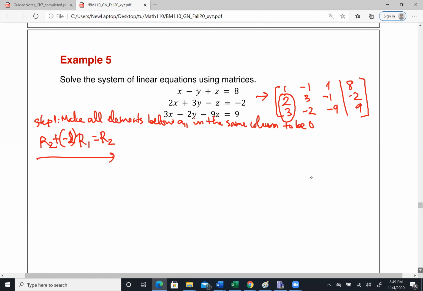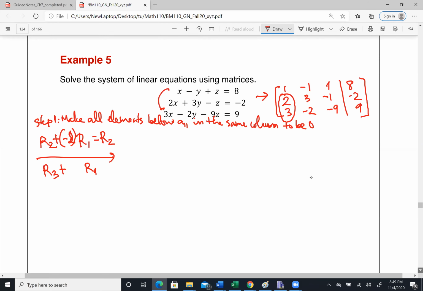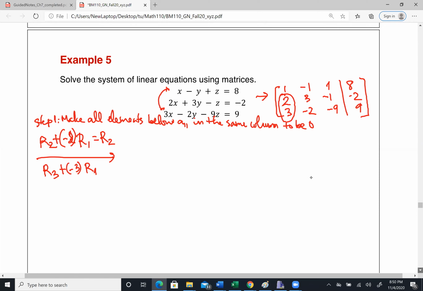Also you want to change R3. If you want to change something, you put it first, so put R3. You add something multiplied with R1 to make the first term 0. It was 3 here, so you should multiply by -3 for the first R1. Now you're going to have the new R3.